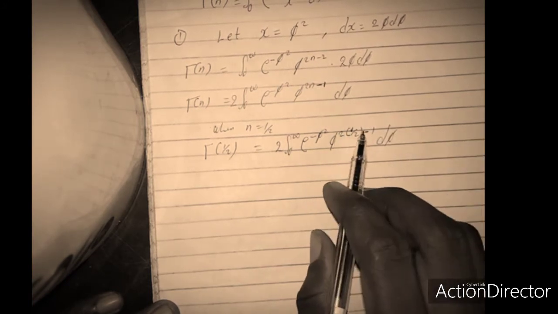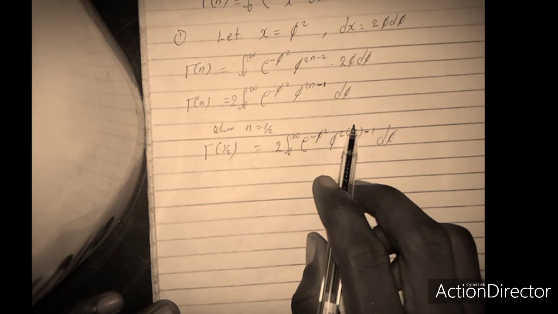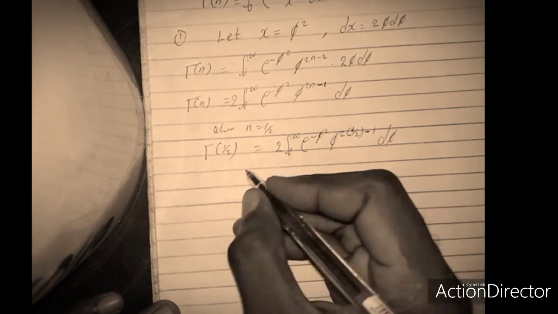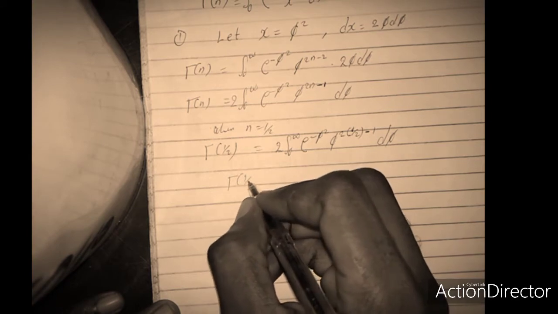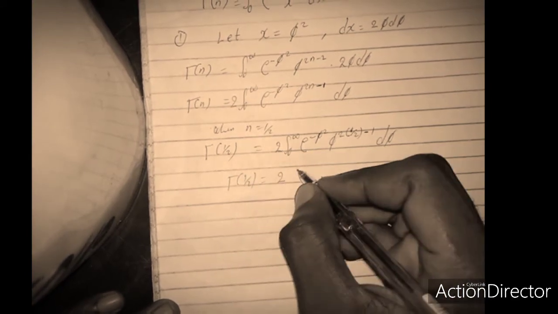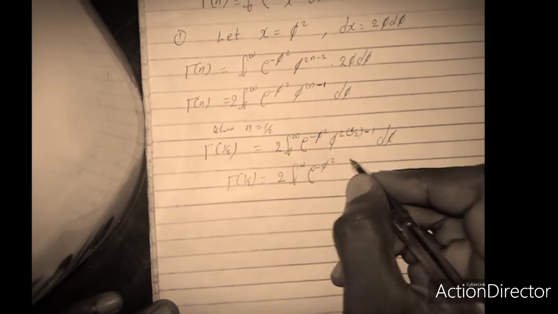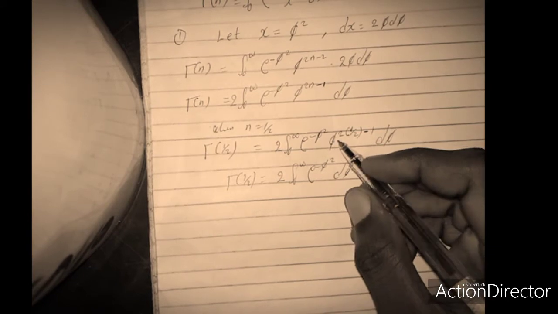If you take a close look at this, you see that these two will cancel, so I'll be left with 1 minus 1, which will be 0. That is phi raised to power 0, which will give me 1. So I have my gamma half to be 2 times the integral from 0 to infinity of e to the minus phi squared d phi. Here I have phi raised to power 0, so it's 1.